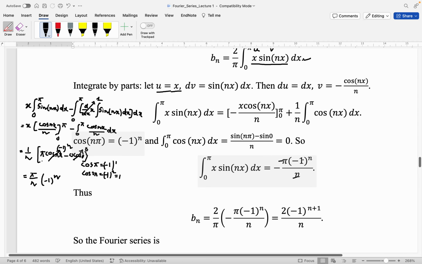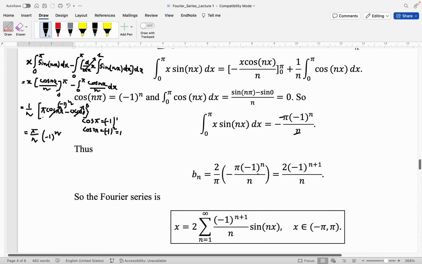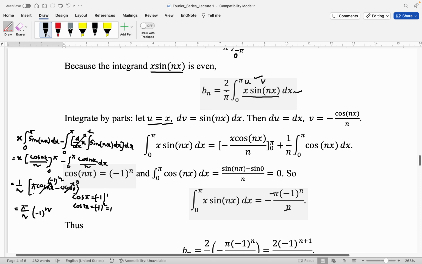So what happens here is that if you take this bn, you have to multiply it with 2 by pi, because I have integrated only this part. So you have to integrate this, and there is an integration of sin. So there will be a minus sign. Sorry, I missed out the minus.